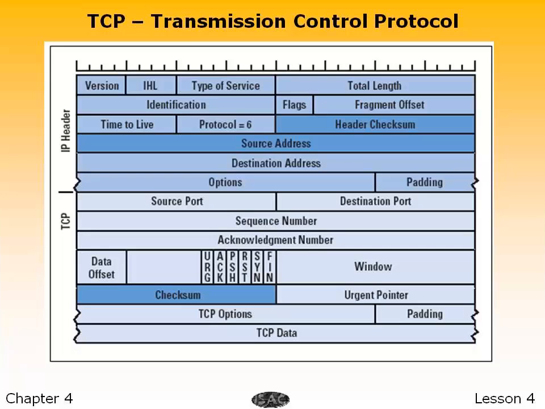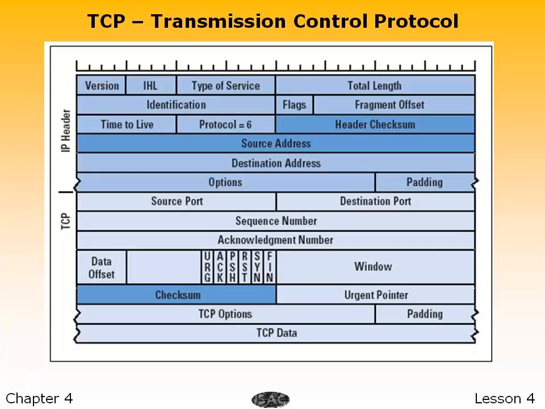The length of the data section is not specified in the TCP segment header. It can be calculated by subtracting the combined length of the TCP header and the encapsulating IP header from the total IP datagram length specified in the IP header.